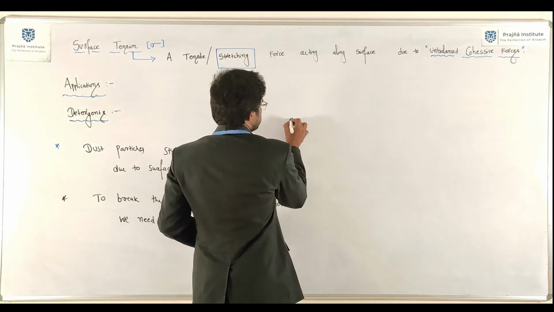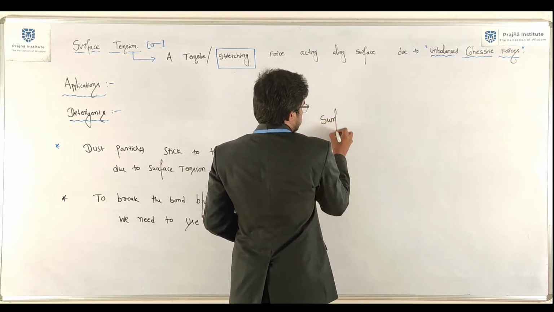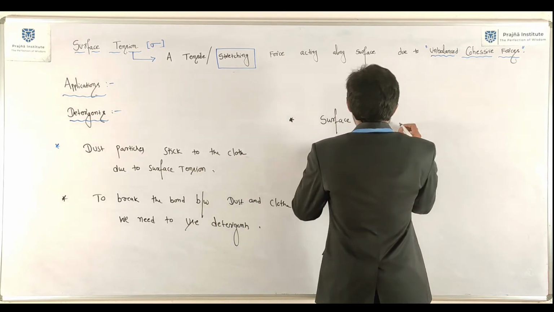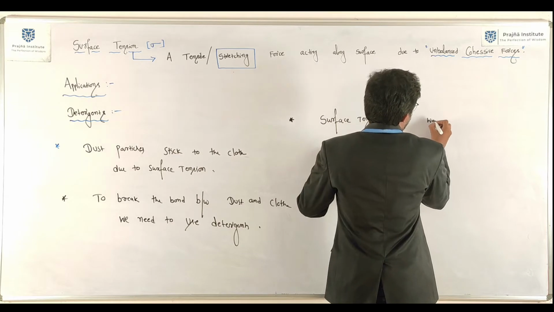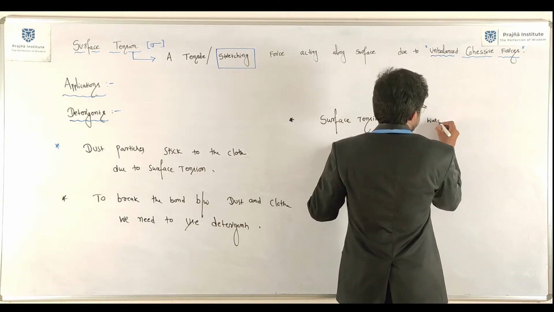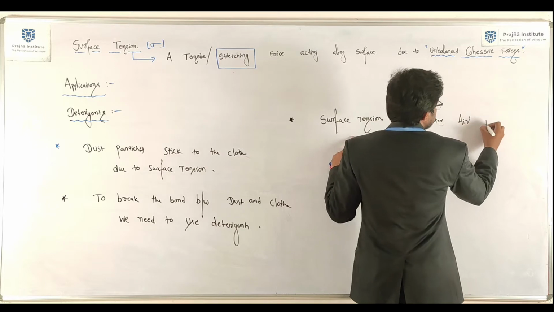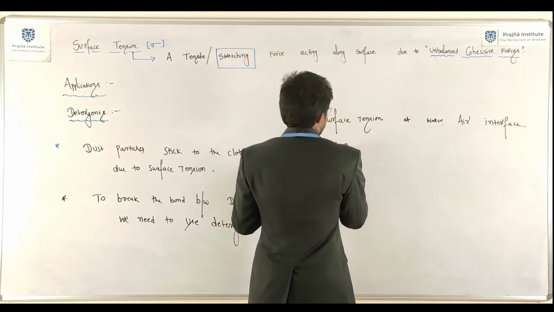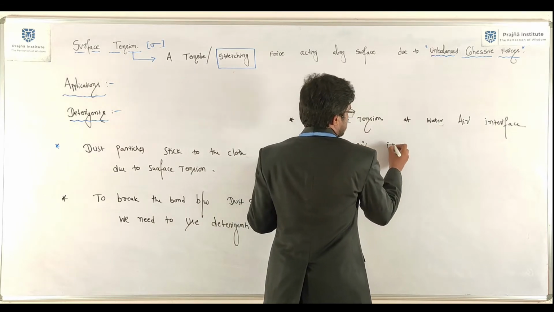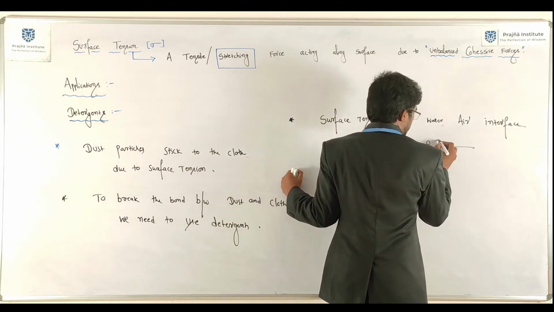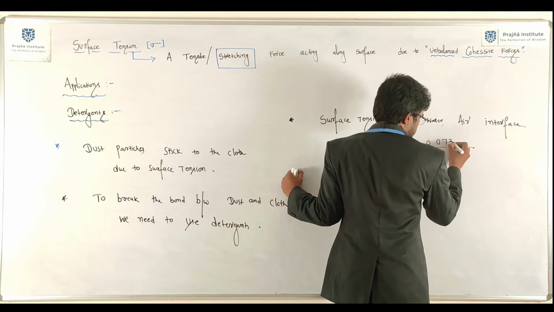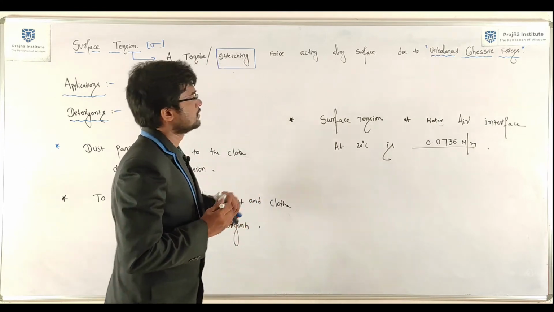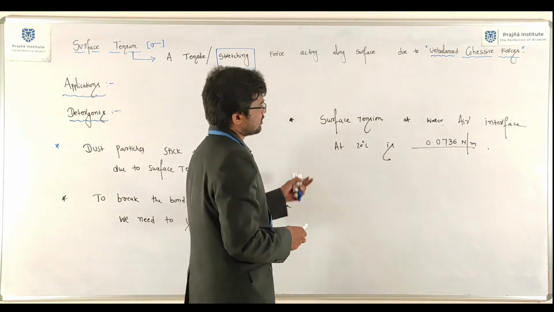Now, the surface tension at the water-air interface at 20 degrees centigrade is 0.0736 Newton per meter. It is important for normal water.